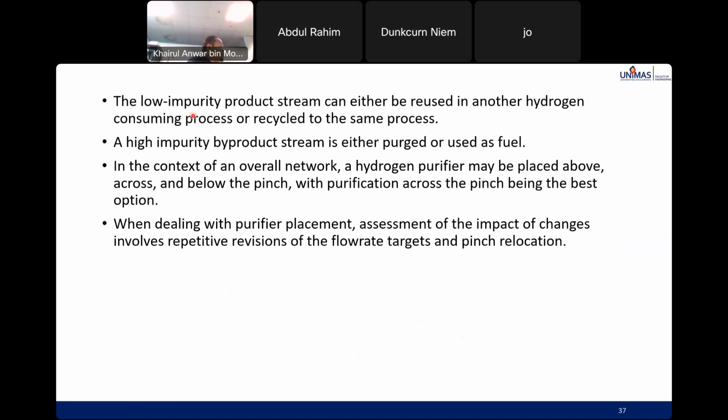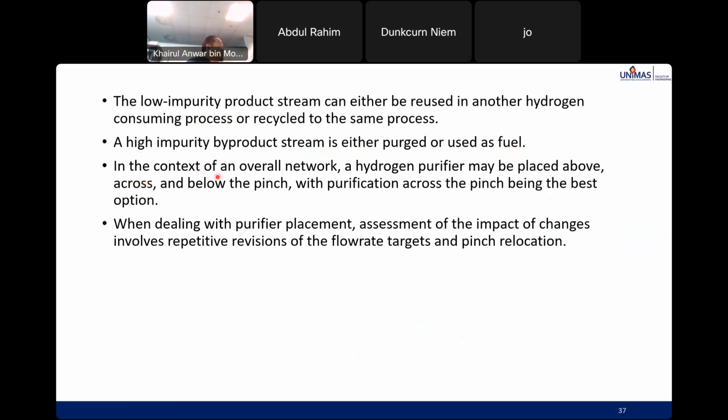A low impurity product stream can either be reused in another hydrogen consuming process or recycled to the same process. A high impurity byproduct stream is either purged or used as fuel.